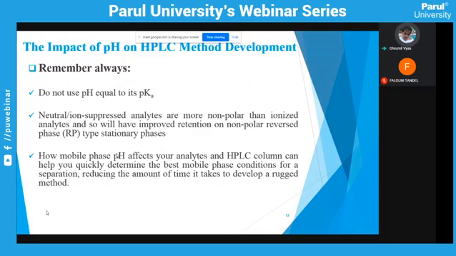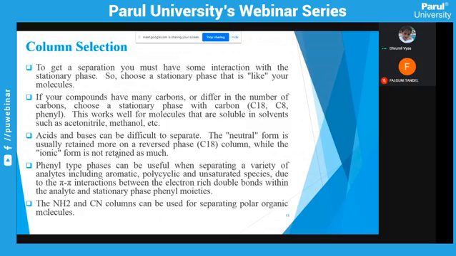Neutral and ion suppressed analytes are more nonpolar than ionized analytes and so will have improved retention on a nonpolar reverse phase type stationary phase. Knowing how mobile phase pH affects your analytes and HPLC column can help you quickly determine the best mobile phase condition for a separation, reducing the amount of time it takes to develop a rugged method.